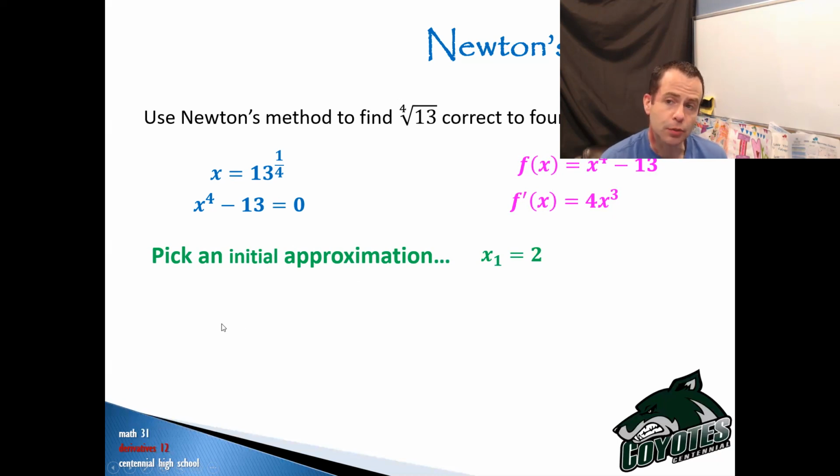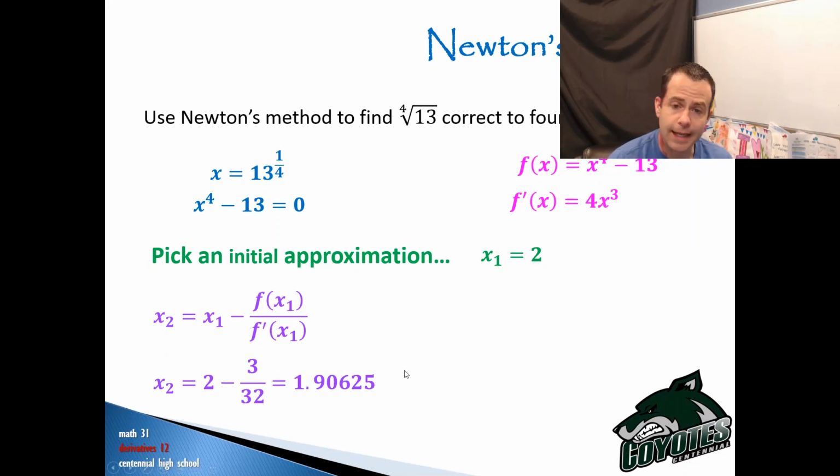So x2 is x1 minus f of x1 over the derivative of x1. So x1 is 2, that was my initial approximation, and then I'm going to subtract 2 to the 4 minus 13 over 4 times 2 to the 3. When I get that, I have 1.90625.